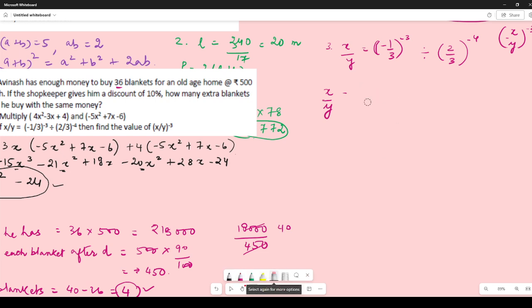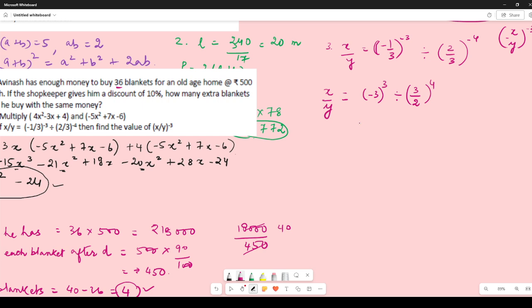We reverse this, and what we get over here is minus 3 to the power of 3. This becomes reversed, and the power becomes positive, divided by, this becomes reversed, 3/2 to the power of 4, right? That is what we get over here.